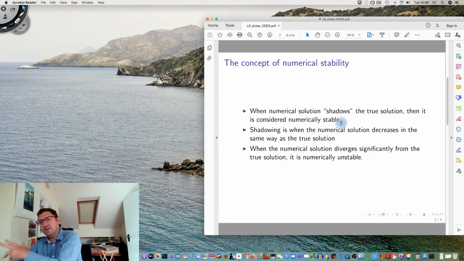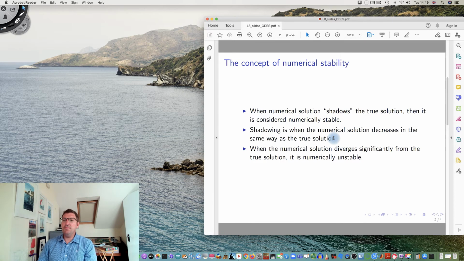As time goes to infinity, the numerical solution goes to zero. Shadowing is when the numerical solution decreases in the same way as the true solution. I'm using shadowing rather than following because it could still have inaccuracies. It could still have reasons why the numerical and the true solution are separate. But if it's stable, then both decay to zero.